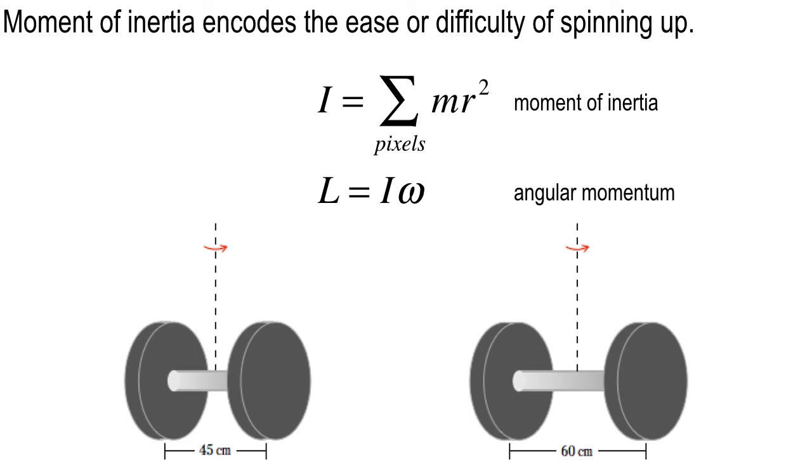For a solid sphere, you've got pixels at all different radii, so that sum of mr squareds will work out a little differently. But make a note of this: I is a property of the object. If you will, it is the rotational analog of mass. Omega is the spin parameter, the angular velocity. There's nothing orbital about it.